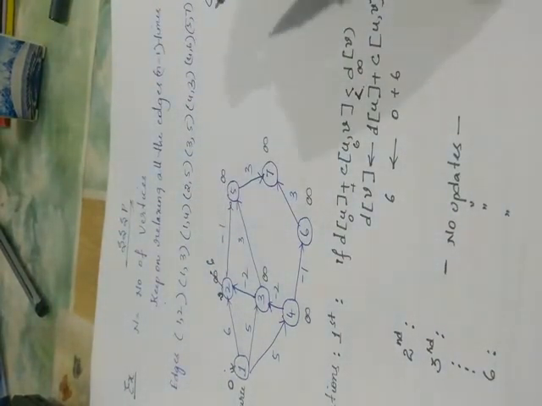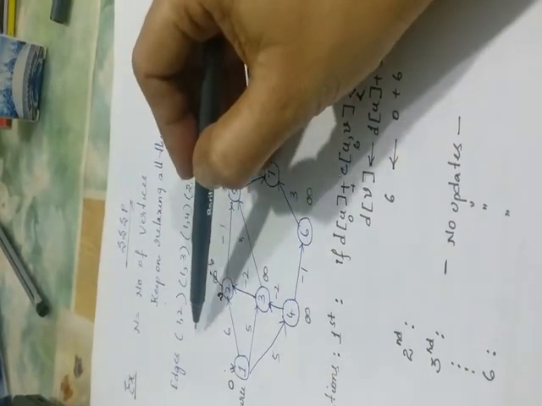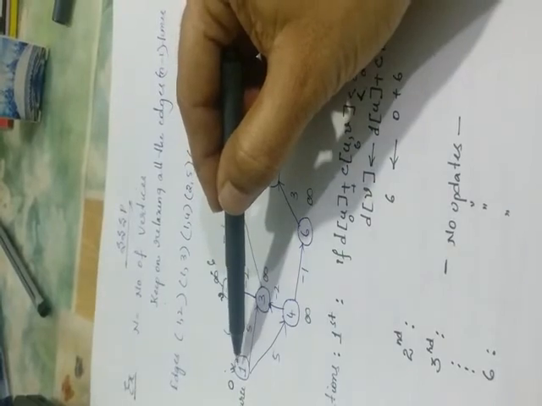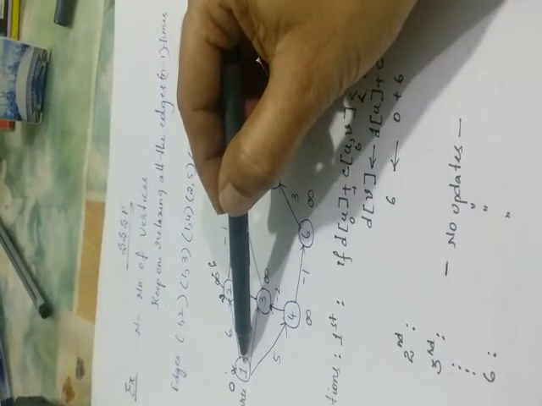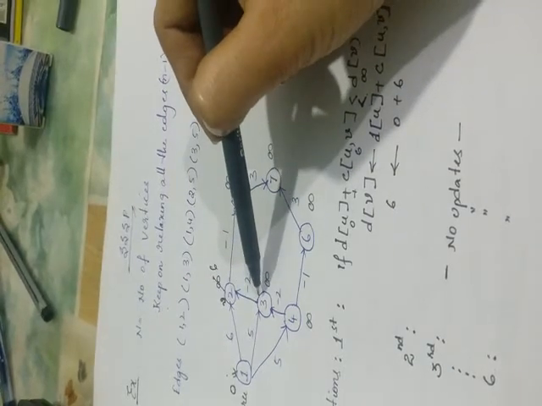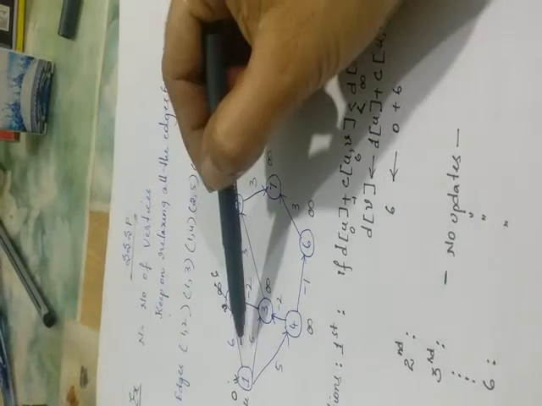Now I have finished the edge 1 comma 2. Next I'll be starting with 1 comma 3. Here for 1 comma 3, d of u is 0 and d of v will be infinity, and c of u comma v will be 5.